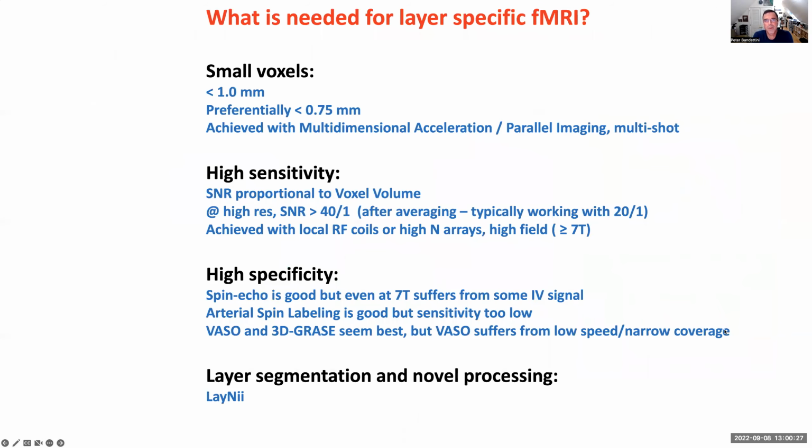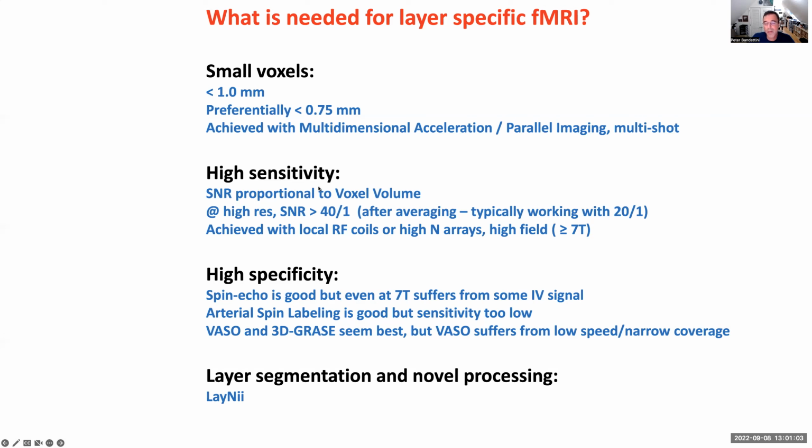So what do you need for layer specific fMRI? Well, you need small voxels, and you can do it with less than 1 millimeter. The smaller, the better. We can now do 0.75 or even down to 0.4, I think we've gone. You can resolve maybe 3 levels. I wouldn't say layers because there's at least 6. So you can't resolve the layers themselves, but you can get a rough approximation of where the activation occurred, either upper, middle, or lower. You need very high sensitivity.